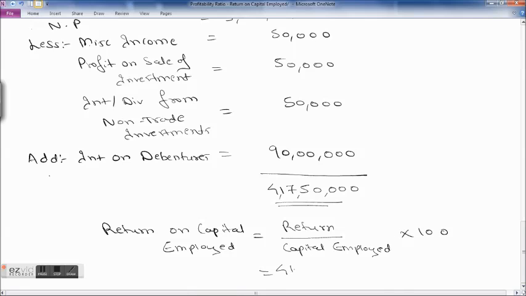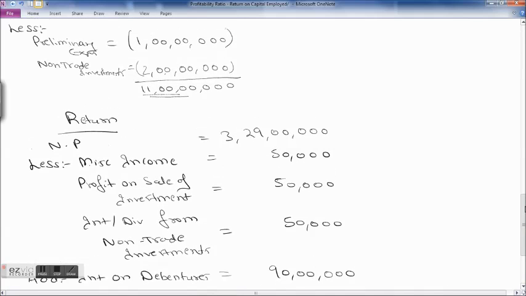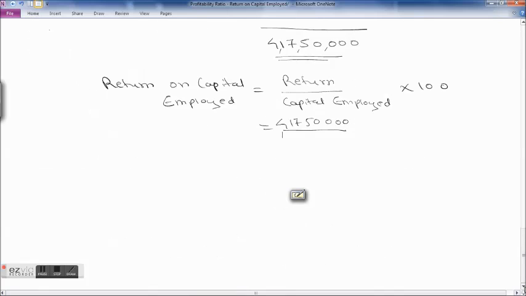So that comes to 417.50,000 divided by, what is your capital employed? 11 crores. Into 100. Okay, so that comes to 37.95%.